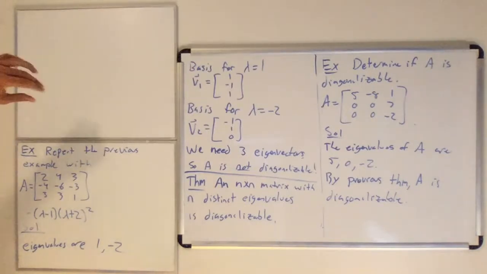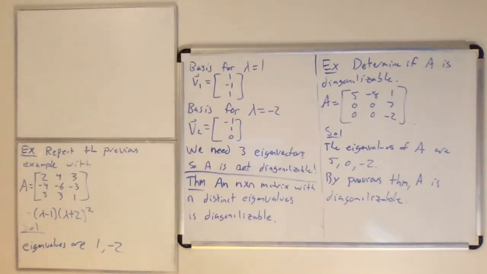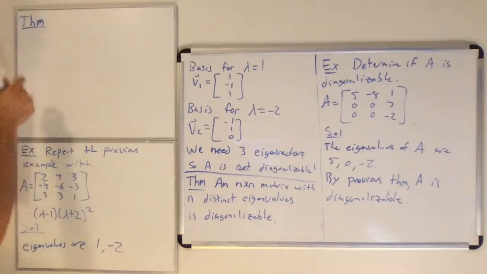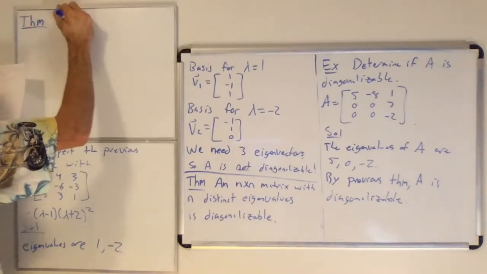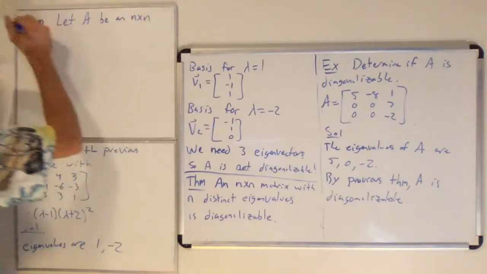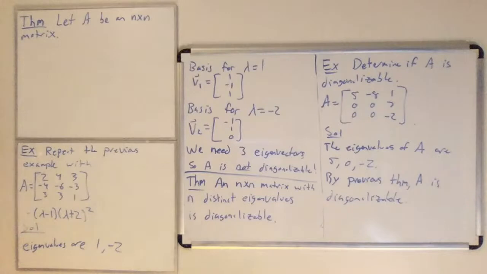Okay, so let's state one more theorem and then look at one last example. A is an n by n matrix.